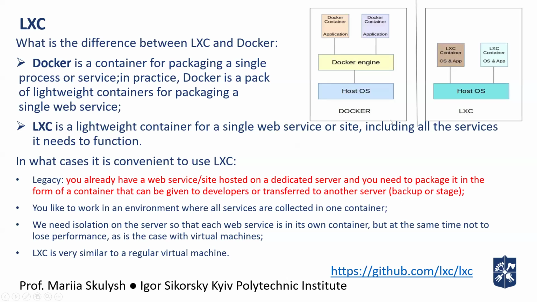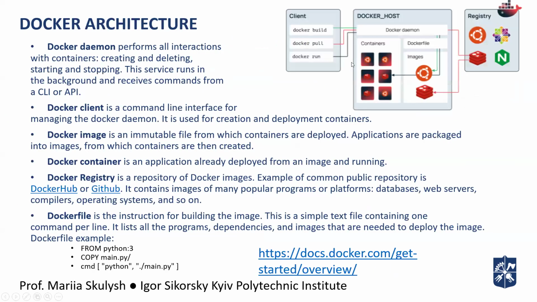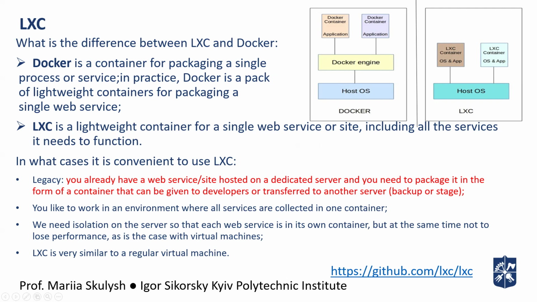So we have Docker. It is organized as the host operating system, and then the Docker engine. Then in the Docker engine we have Docker containers with applications. So the Docker engine is this one, and the application containers are something like independent things for the Docker image.